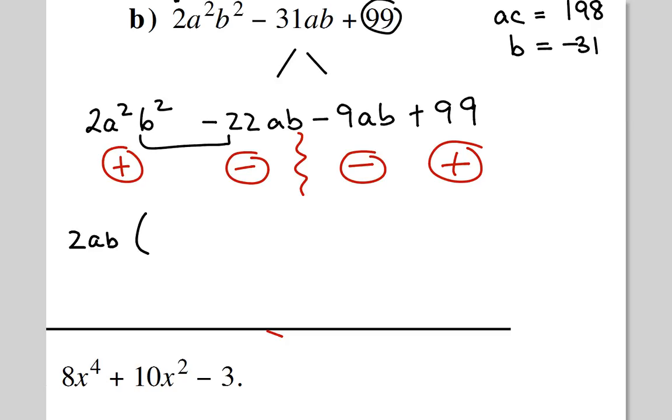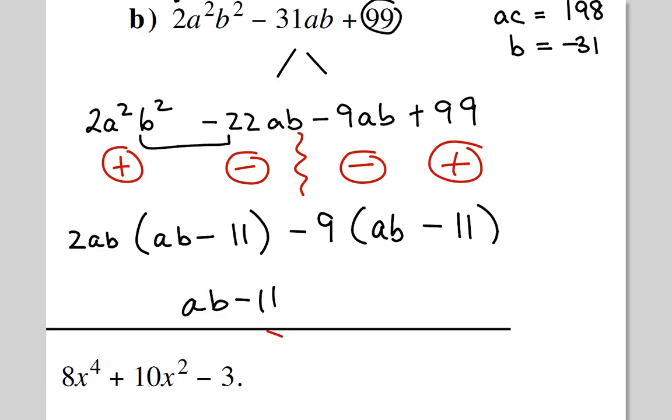Okay, and then you get ab minus 11. Now we're going to take out a negative, and we can only take out a 9. So then you get ab minus 11. This is a weird one. ab minus 11 in a bracket, and then you have this 2ab minus 9 in a bracket.